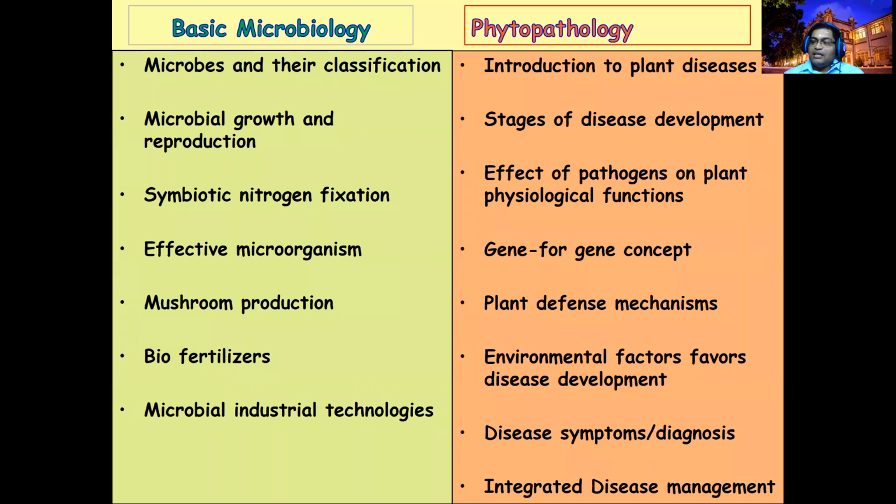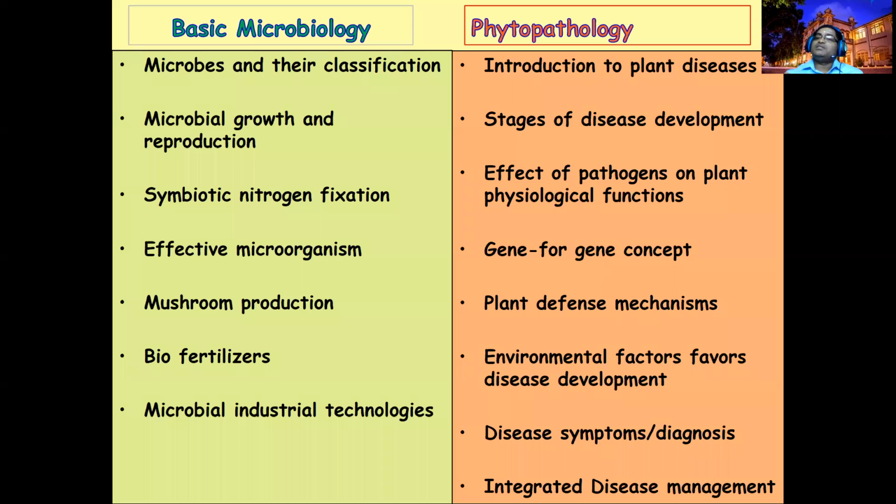If the pathogen senses those chemicals, and if the pathogen overcomes them, then that host will be selected by the pathogen for food, nutrition, growth and reproduction. That depends on the gene for gene concept.